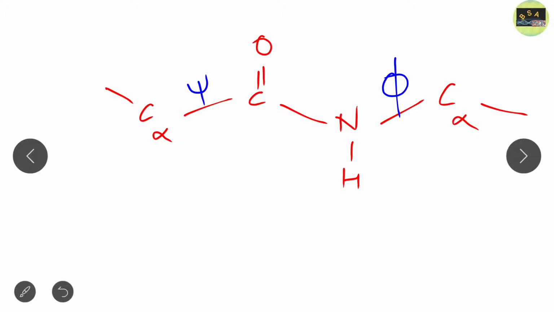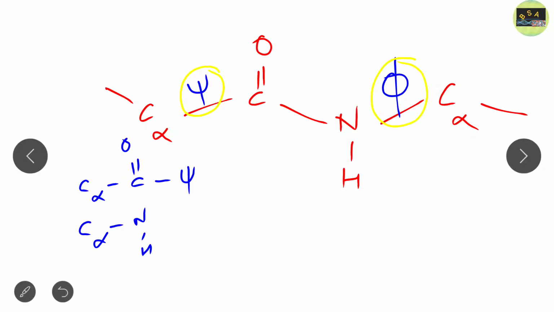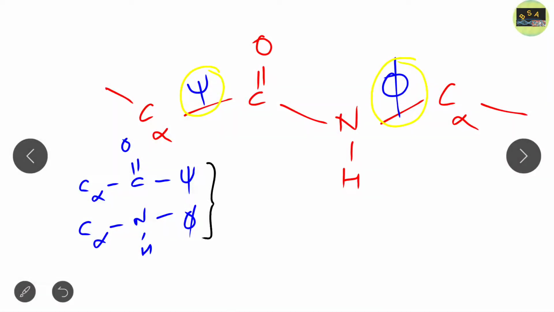So around these angles, that is C alpha C and C alpha NH, the rotation is permitted. If I write this, C alpha C is the psi angle, and C alpha NH is the phi angle. Around these angles the rotation is permitted.